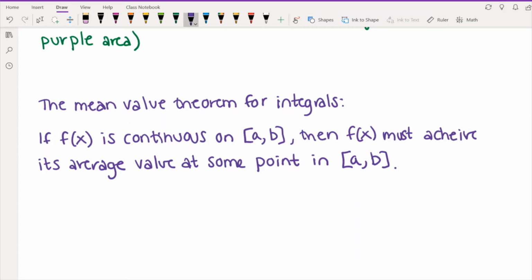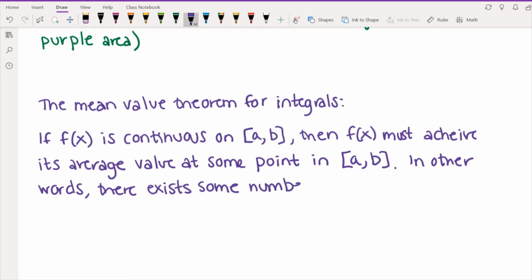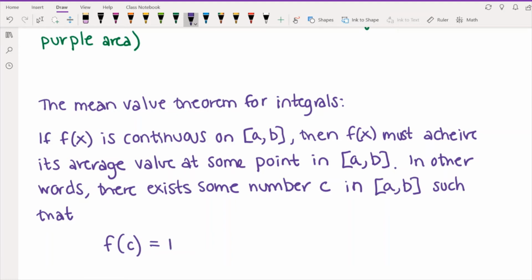And so the more formal way of saying that is, in other words, there exists some x value, I'll just say some number c, which lies in the interval from a to b, such that f of c is the same as the average value of the function, which I'll just write out again.